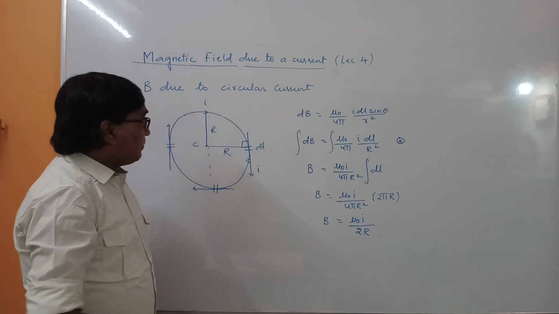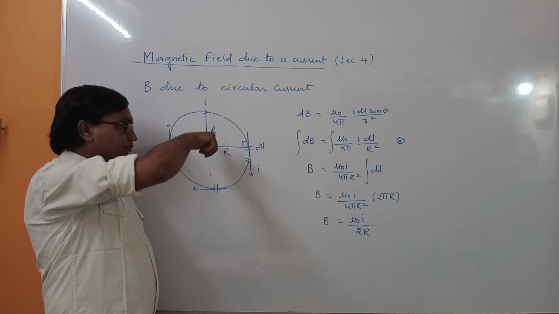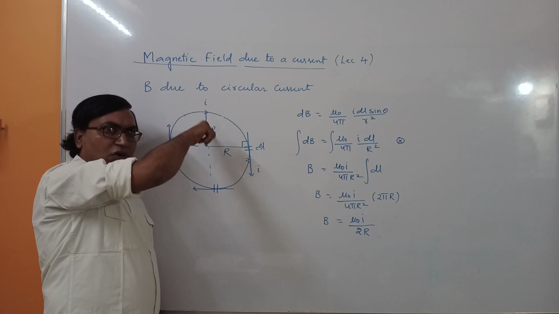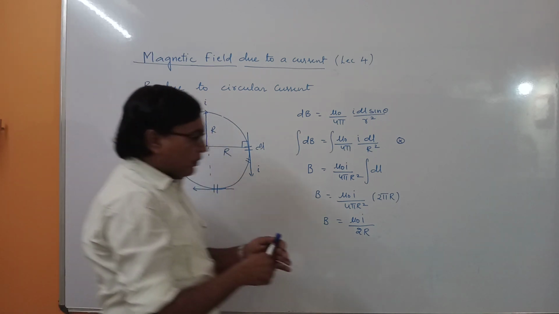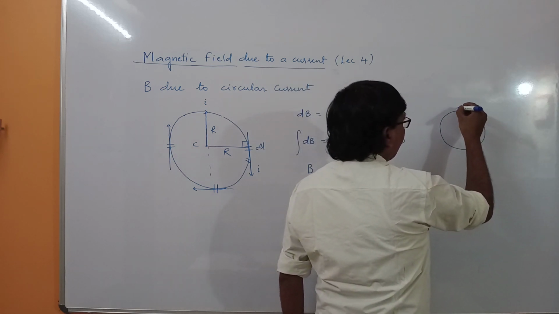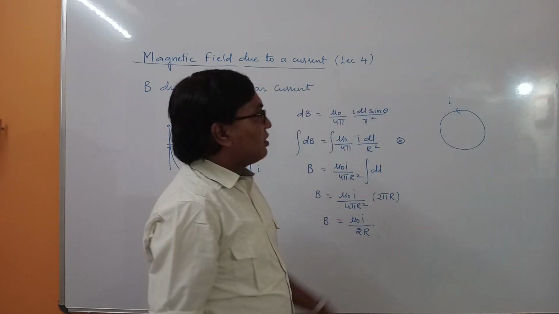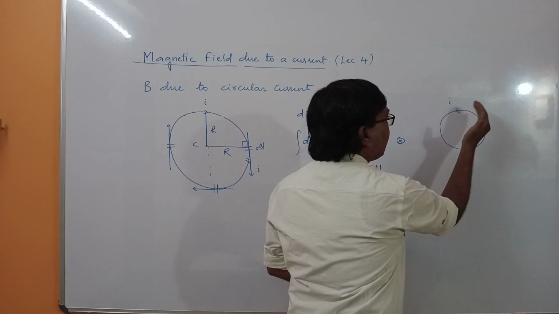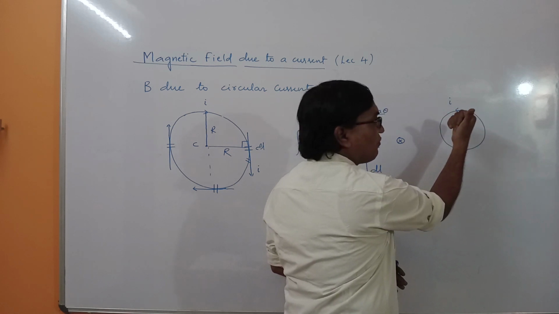So this current, the sense of the current is clockwise. If I curl the fingers in the direction of current, that is clockwise, then the magnetic field is inside the board. Suppose the sense of the current is anti-clockwise, then I curl the fingers in the direction of current, and the thumb will give the direction of magnetic field.